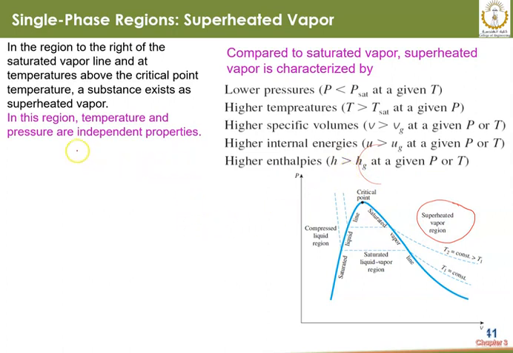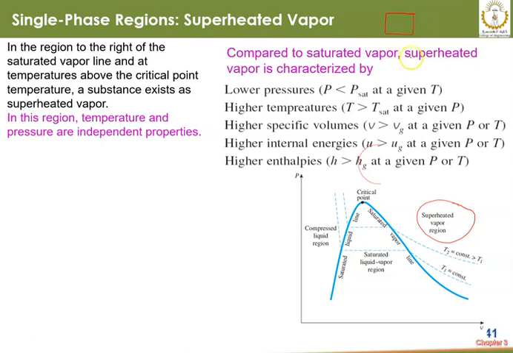Before I start that, please remember that to define a state, so if we have a system, this system is defined by properties, as we said: temperature, pressure, specific volume, internal energy, enthalpy, or any other properties.